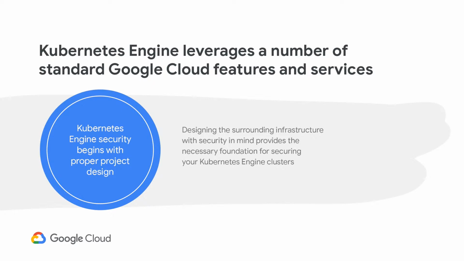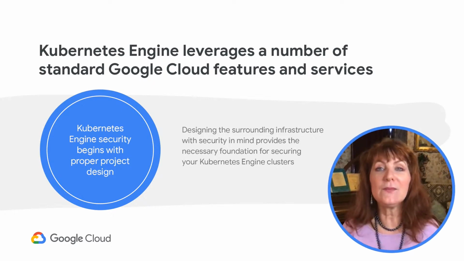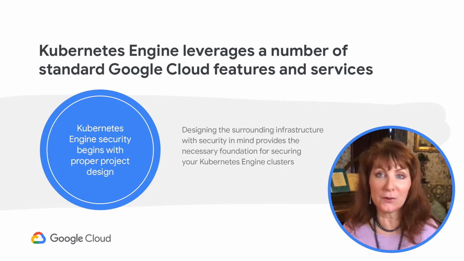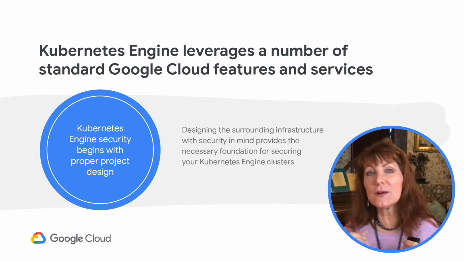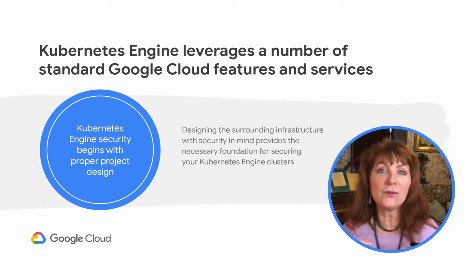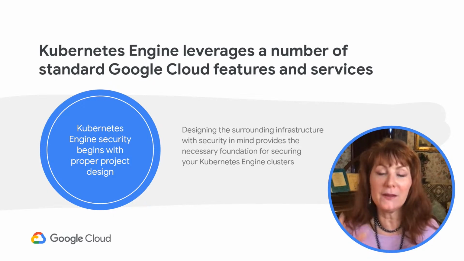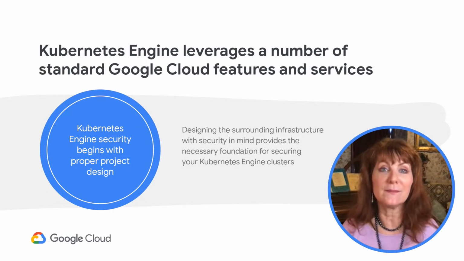How you design your GCP projects will have implications on later things and practices around things like IAM role design and network layout. Designing the infrastructure with security in mind provides the foundation for securing your clusters. Therefore, it's critical that an approach to security is taken that accounts for all levels of the infrastructure itself.